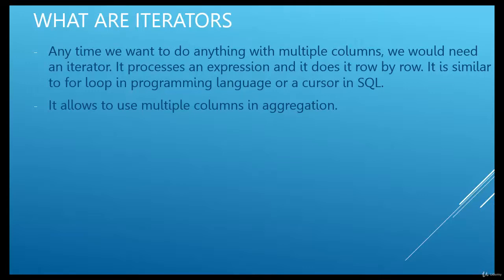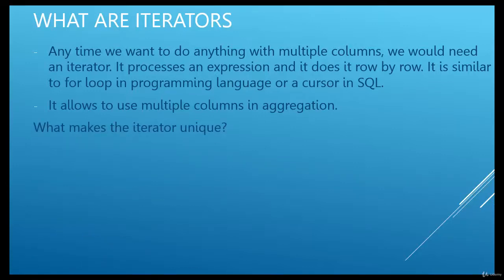Whenever we are looking to evaluate multiple columns or do an expression for multiple columns, we can use an iterator because it does it row by row. It is a similar concept to a for loop in a programming language or a cursor in SQL. It allows us to use multiple columns in aggregation, so that's very simple. But what it does, row by row, gives an answer that is a measure, not a calculated column.